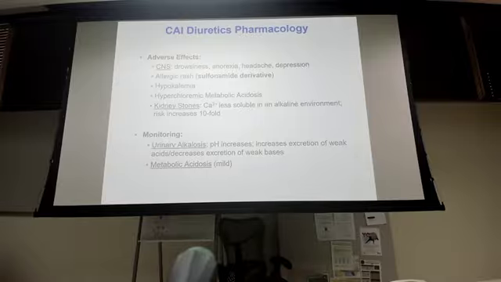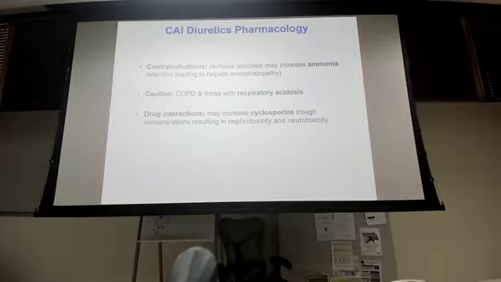If you have alkaline urine, which we said CAIs cause, calcium is less soluble, so you're more likely to form calcium stones. Alkaline urine increases calcium stones. Take home point there. Moving on.